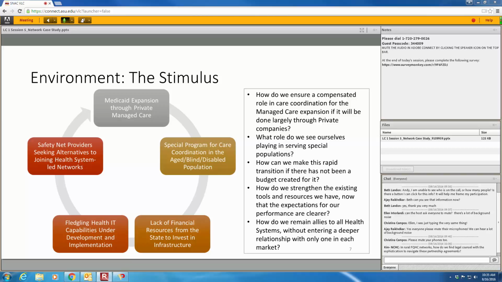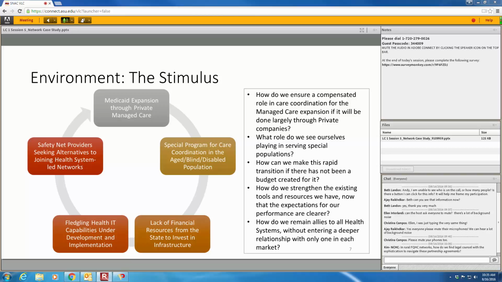But we're looking to contract with the 3 MCOs, and in fact signed an agreement with one yesterday that would help us build infrastructure which would include hiring a care coordinator, because they see value in that person being housed with us, working with people who are high utilizers or with chronic conditions.